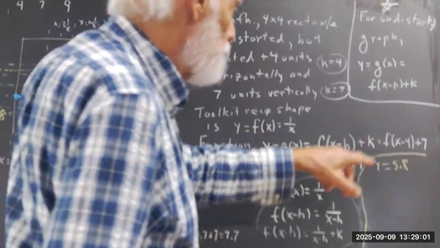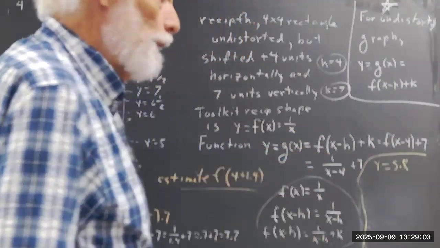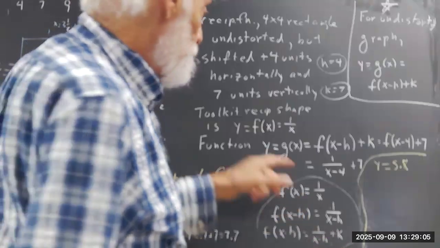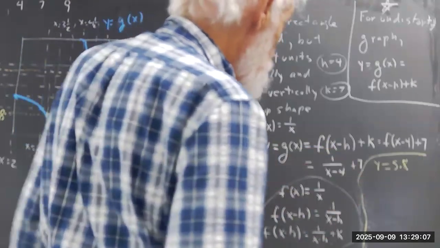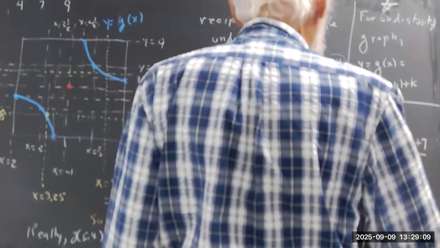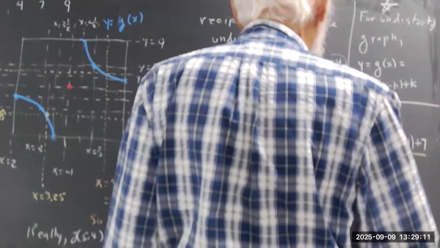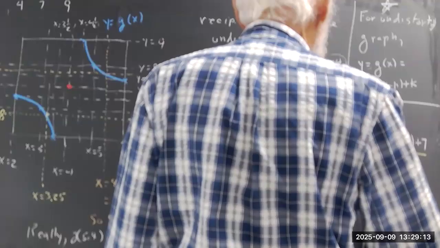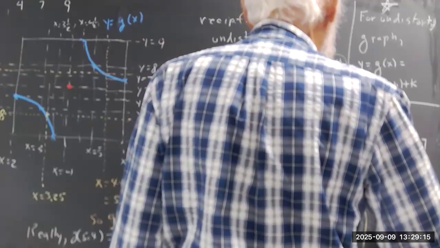Well, y is g of x, which is 1 over x minus 4 plus 7, right? Since y is 1 over x minus 4 plus 7, your equation is 1 over x minus 4 plus 7.